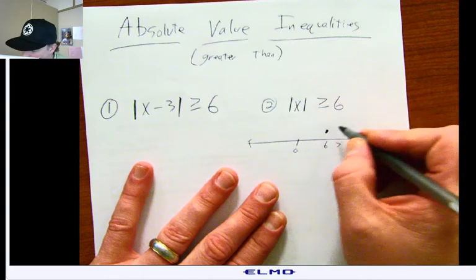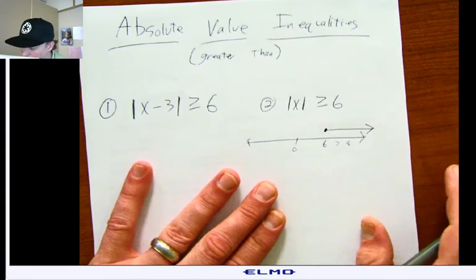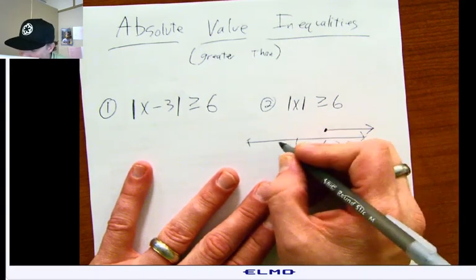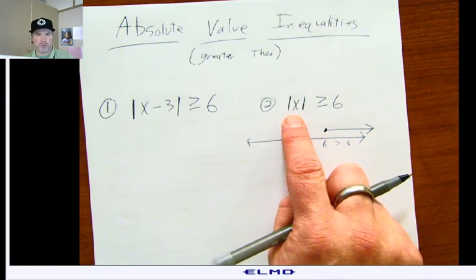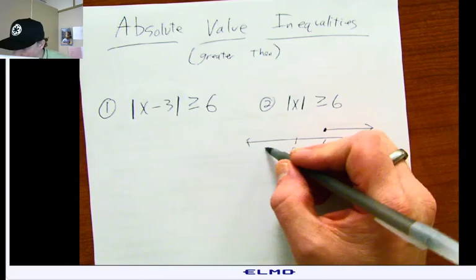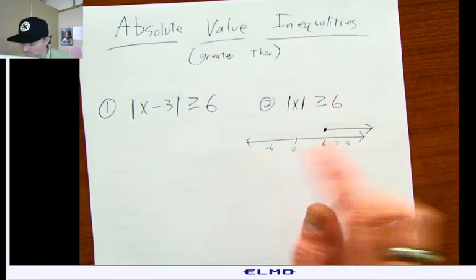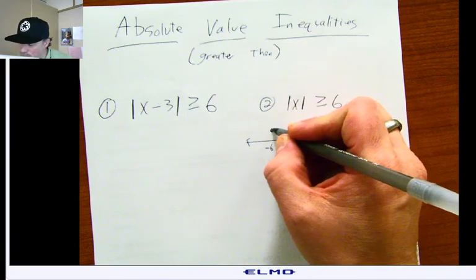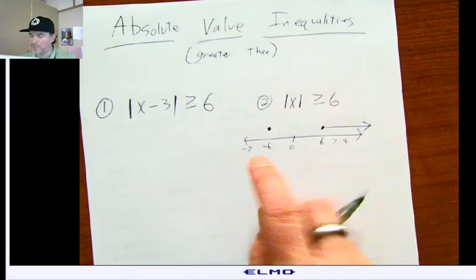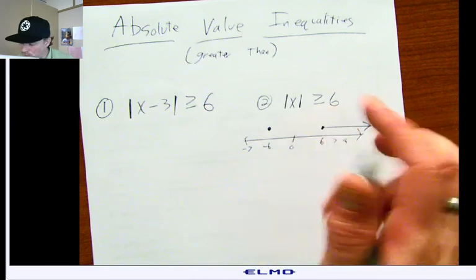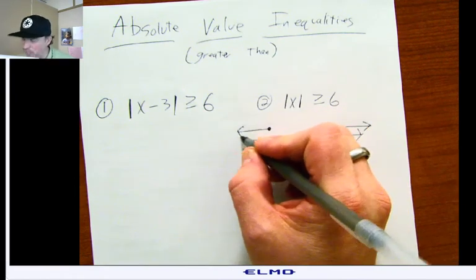All of those numbers are greater than 6, so it would be like that. -1, -2, -3, the absolute value of -3, -4, all those numbers are less than 6, so it's really empty from -6 to 6, but the absolute value of -6 is equal to 6, and if I think about the absolute value of -7, that's greater than 6, and so on.